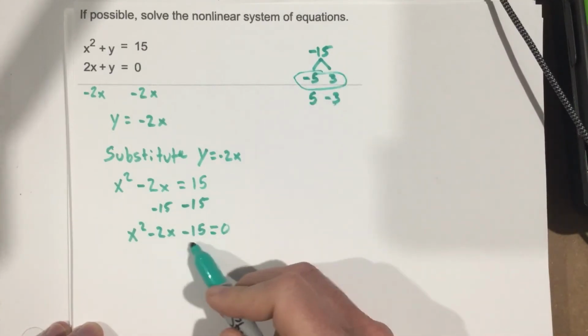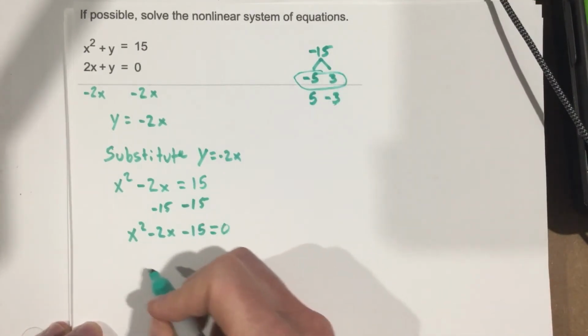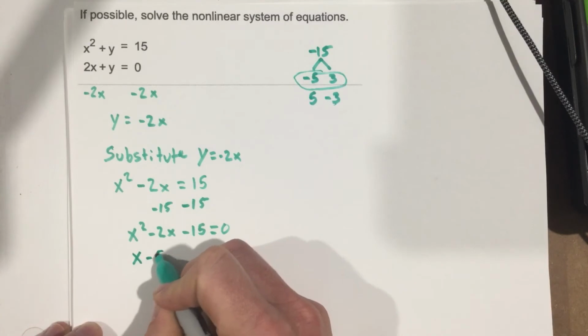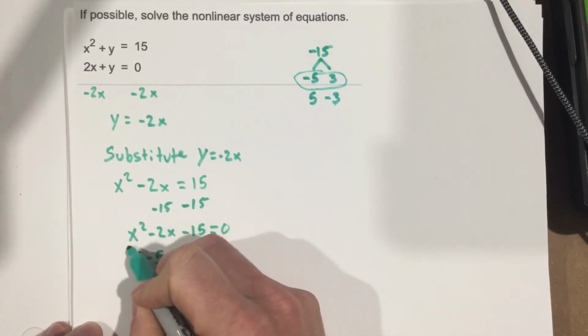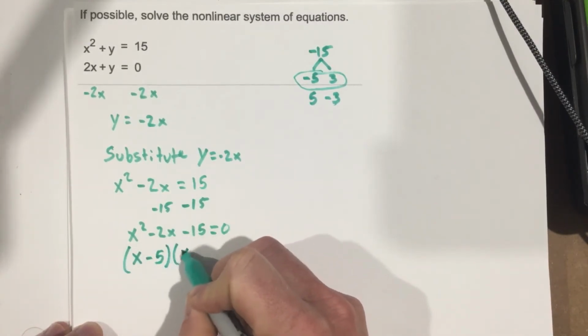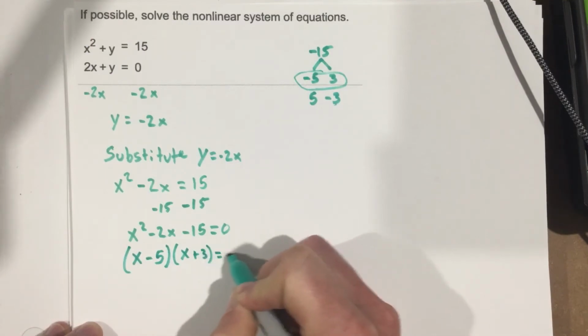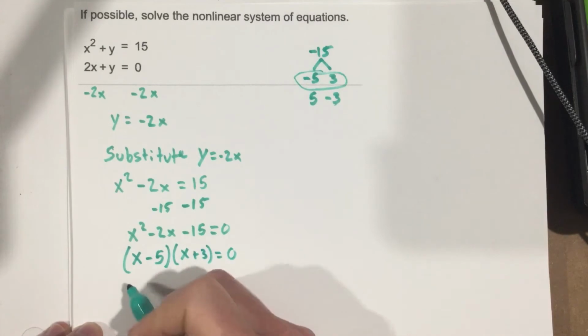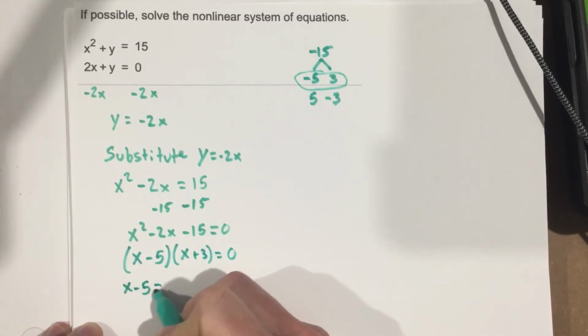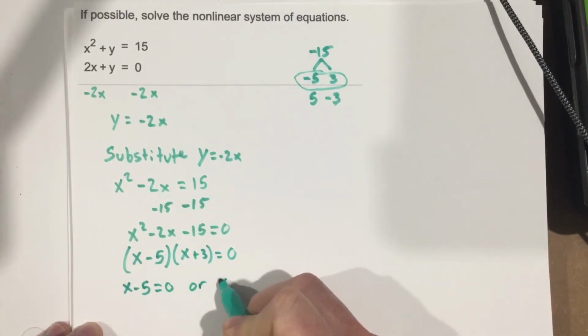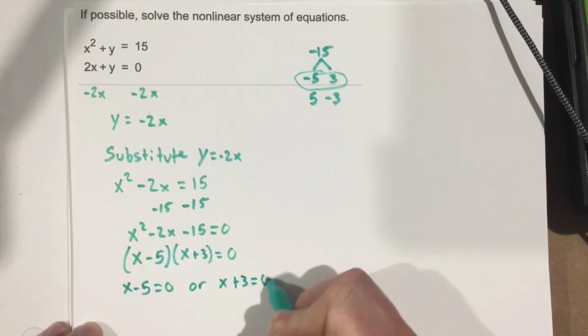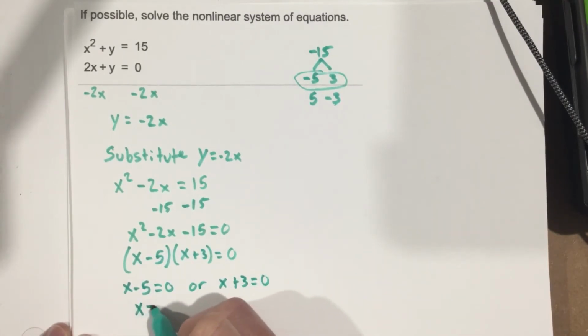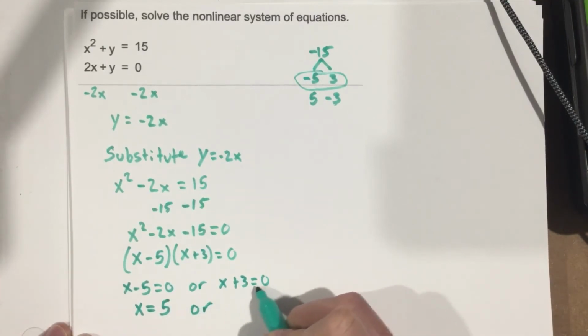So I'm going to factor this down to x minus 5 times x plus 3 equals 0. So I can use the zero product property here: x minus 5 equals 0, or x plus 3 equals 0. And I find that one of my x values could be 5, or the other x value, when I subtract 3 over, could be negative 3.